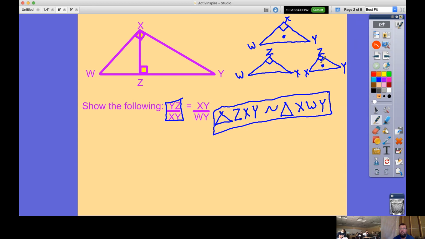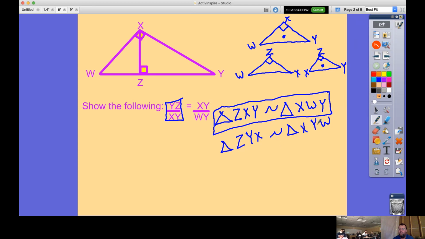If you were to write this down as ZYX is similar to XWY, that would be wrong. Now do realize though that if I said triangle ZYX is similar to triangle XYW, that would be okay because our corresponding angles still match up here.